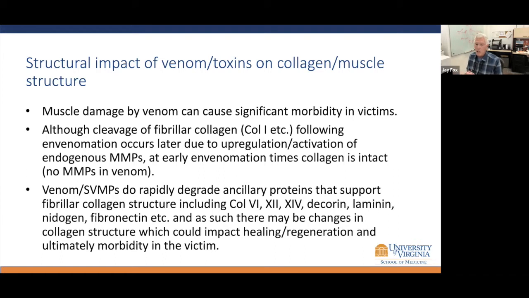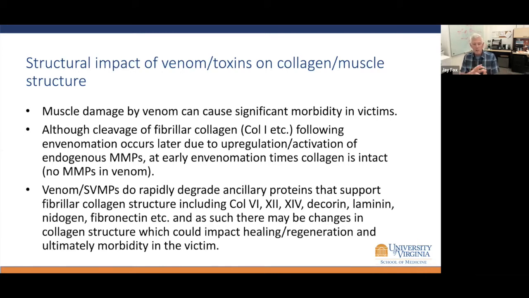The latter two are FACIT collagens, collagens known to be associated with fibrillar collagens, decorin, laminin, nidogen, and many of the others. And the question that comes to our minds is, what actually happens to the fibrillar structure when those proteins are cleaved?